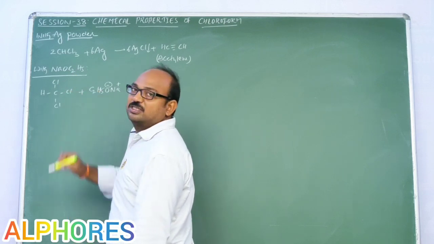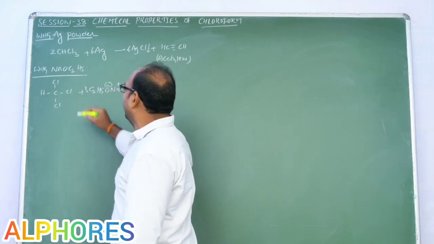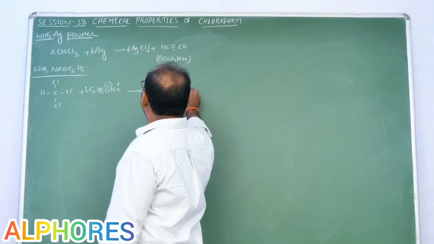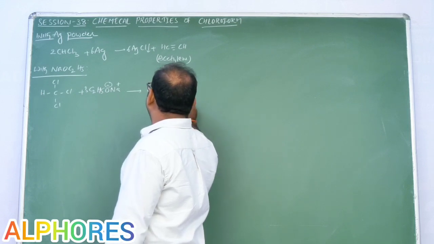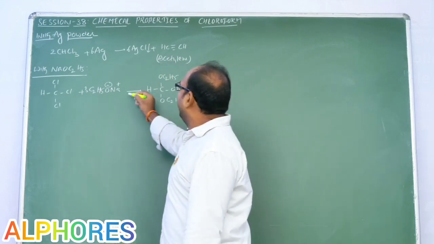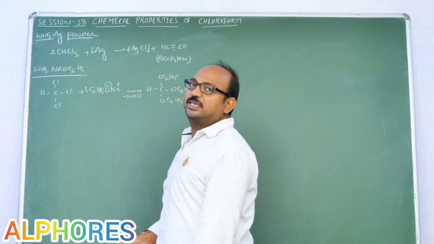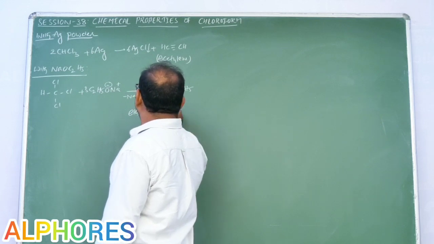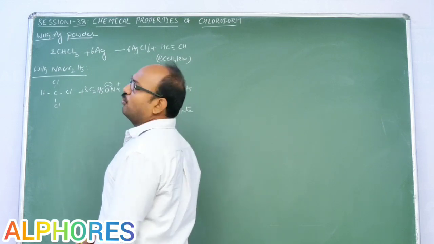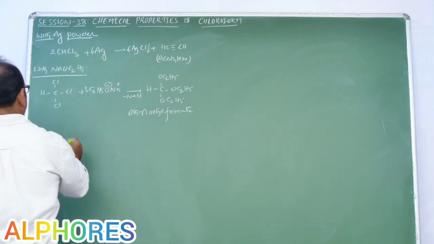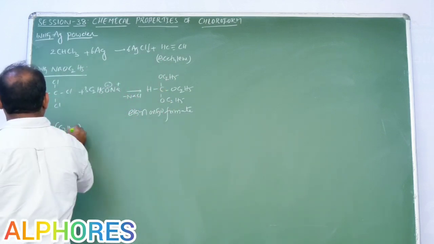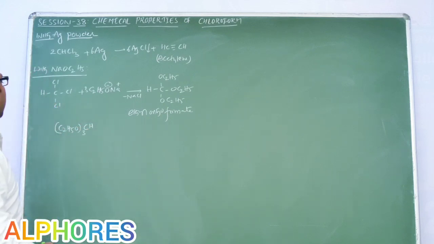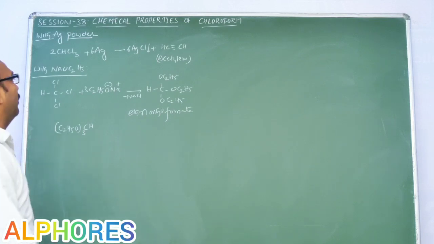So ultimately 3 moles of C2H5O minus we are going to use here, and we get HC(OC2H5)3. That means NaCl is eliminated. This is what we call ethyl orthoformate. That one you can also write as (C2H5O)3CH, ethyl orthoformate.